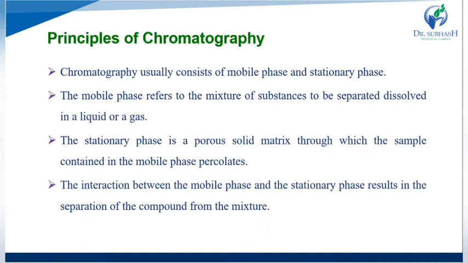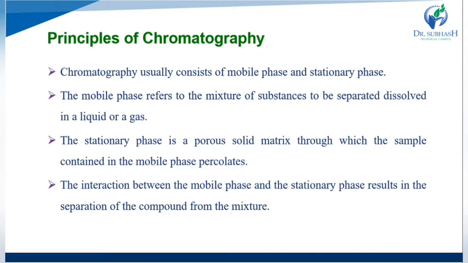Now we will see the principle of chromatography. Chromatography usually consists of a mobile phase and a stationary phase. The mobile phase refers to the mixture of substances to be separated, dissolved in a liquid or gaseous phase.